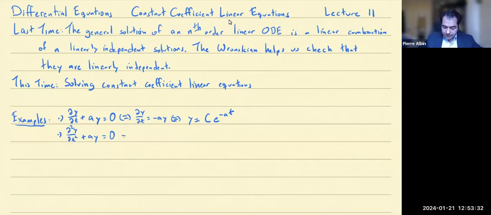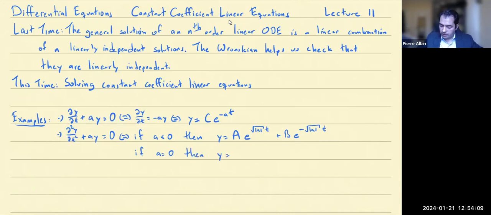Okay, so here we have three possibilities depending on the sign of A. If A is negative, then the general solution is some constant times e to the square root of the absolute value of A times t plus b times the exponential of minus square root of the absolute value of A times t. If A is equal to 0, this just says the second derivative of the function is 0. So we're just looking at a polynomial of degree at most 1.